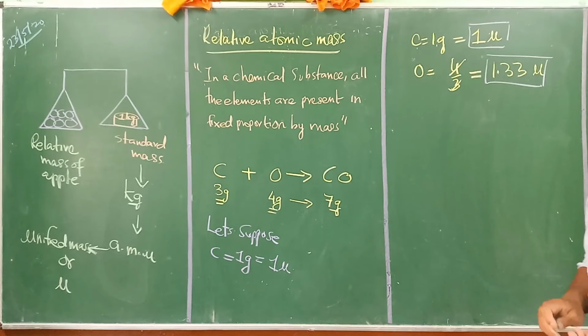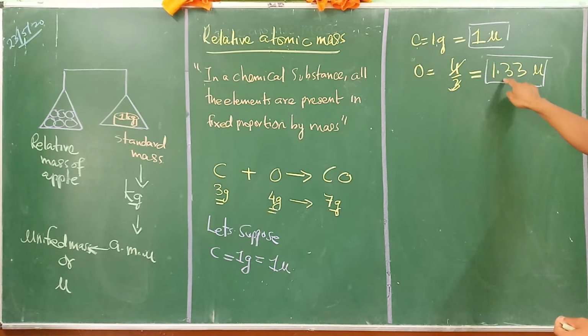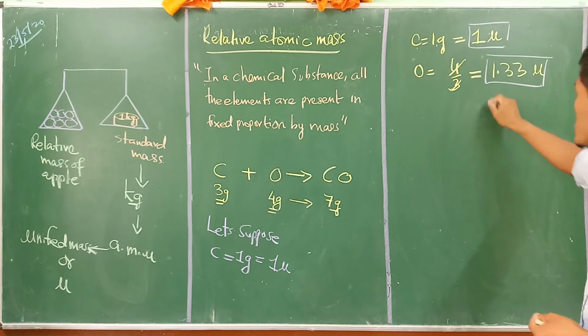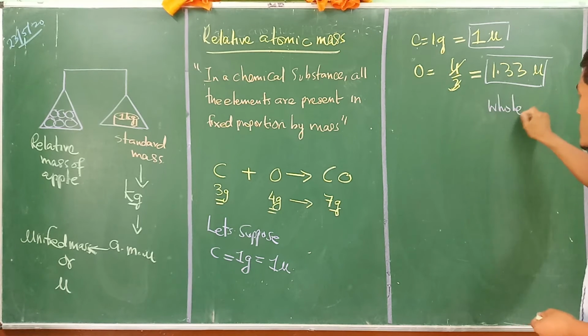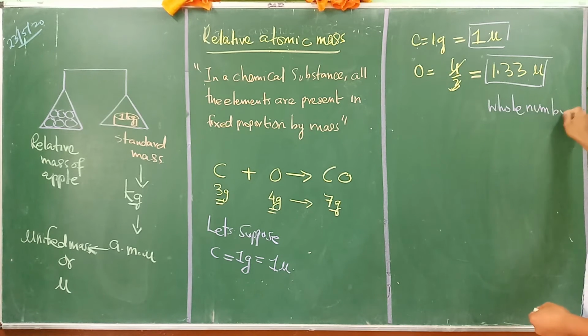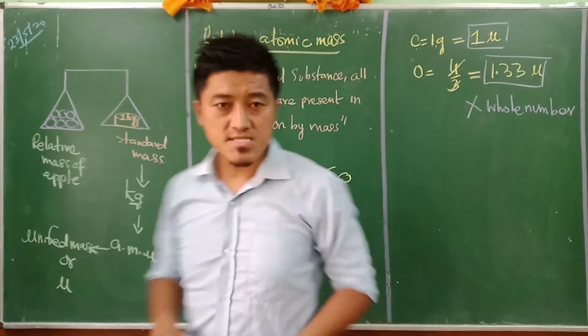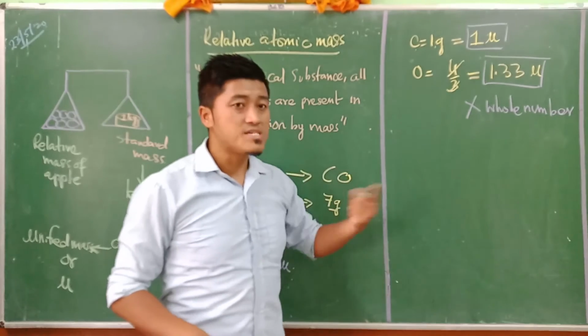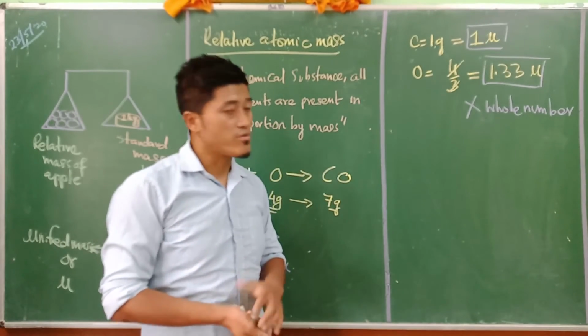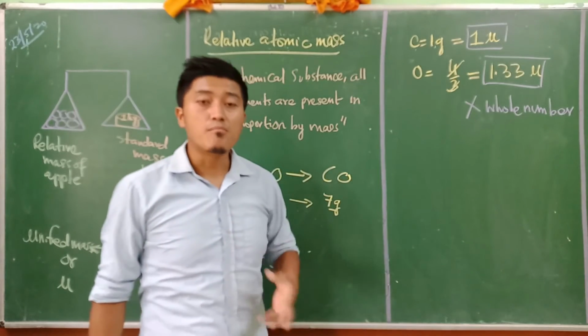Now scientists had a problem with that. Why? Because all these values, that is 1.33, are not whole numbers. Is that clear? If we have relative atomic masses like 1.33 or 1.56, it becomes more complicated.